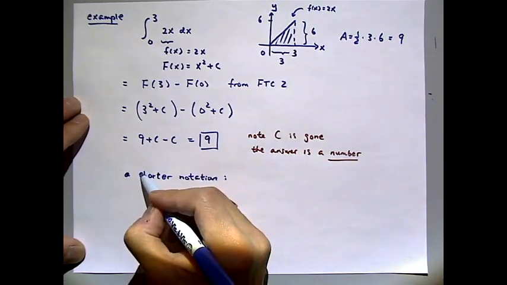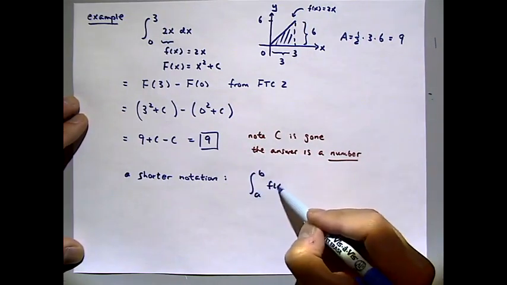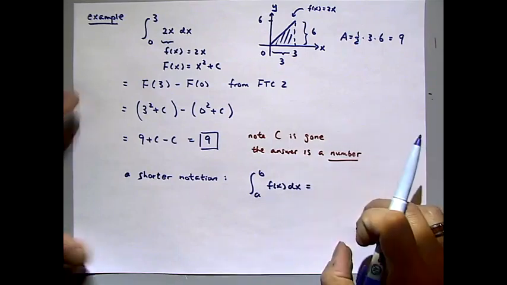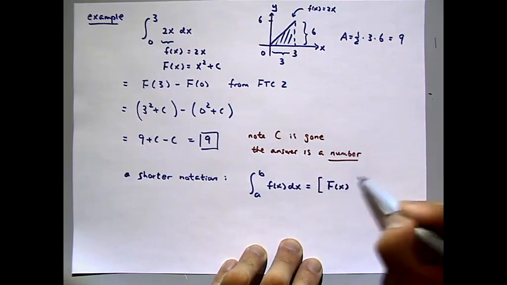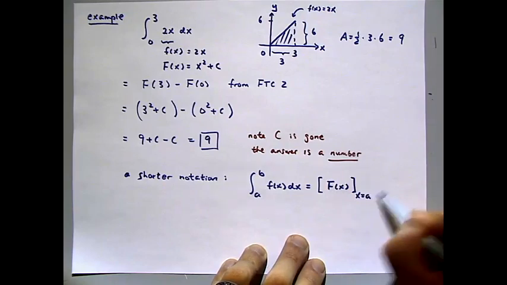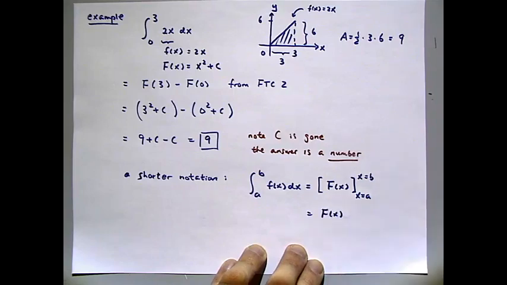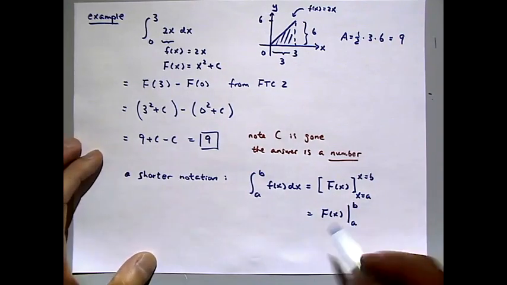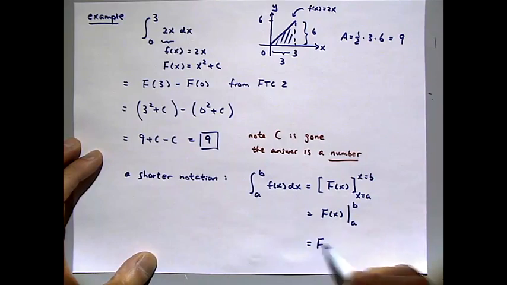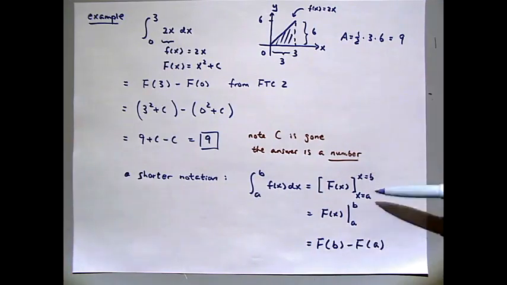We often use a slightly shorter notation to represent all of this stuff. Usually you'll see people write it this way, within the square brackets of capital F, like that, or capital F with a straight line right here, A, B. All of these things are just representing the antiderivative of this thing at B minus what it is at A. So you see these two notations quite often.